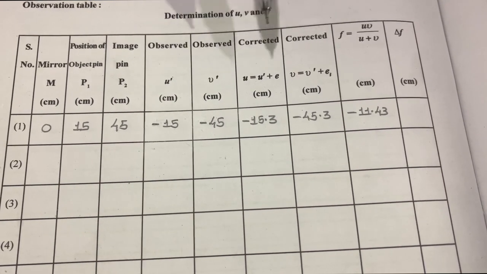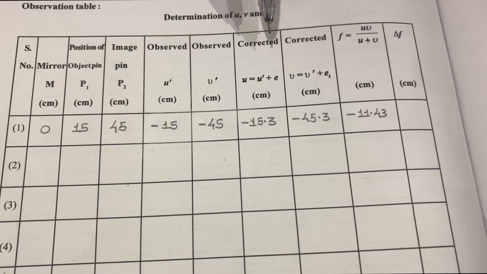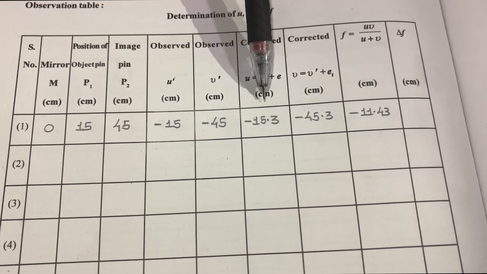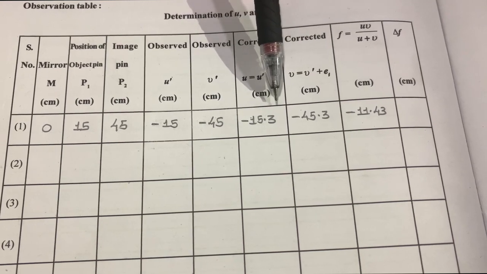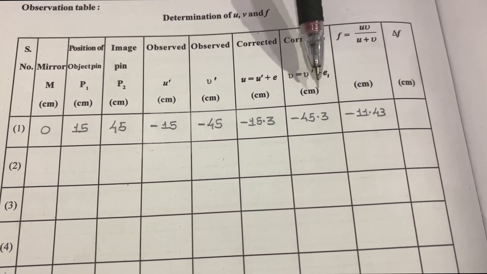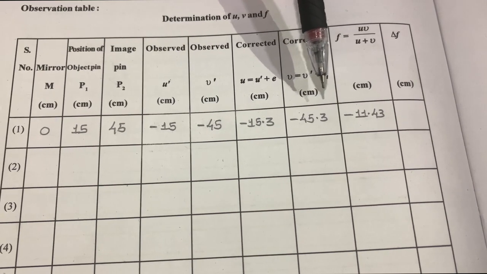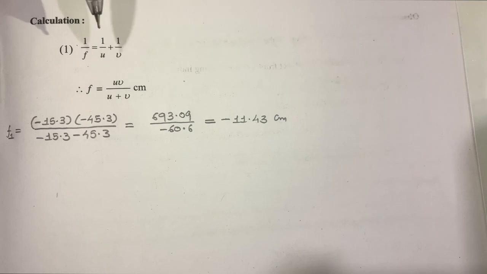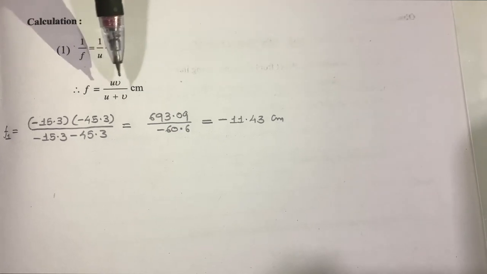Now with index correction, our observations will be the object distance is minus 15.3 centimeter and image distance is minus 45.3 centimeter. Now f equal to uv upon u plus v.